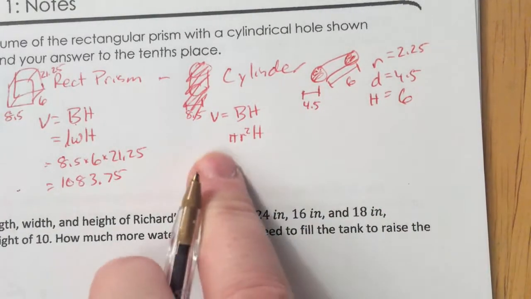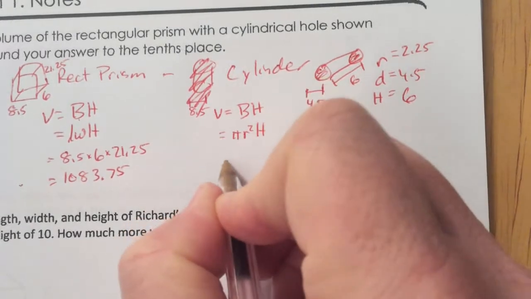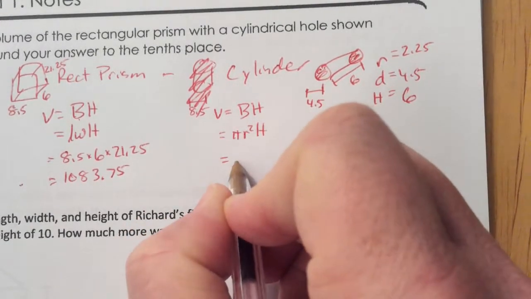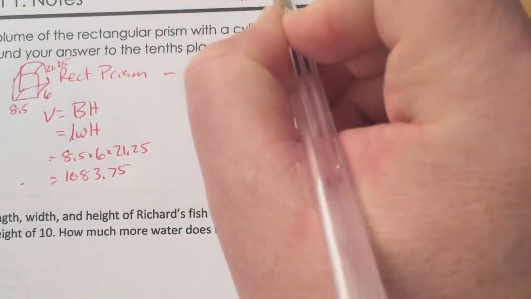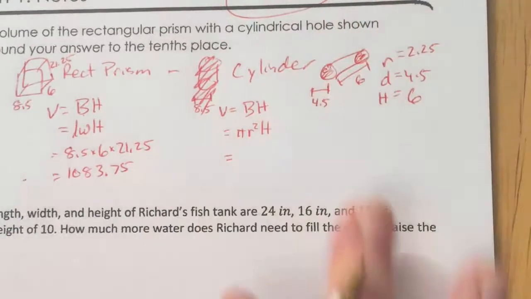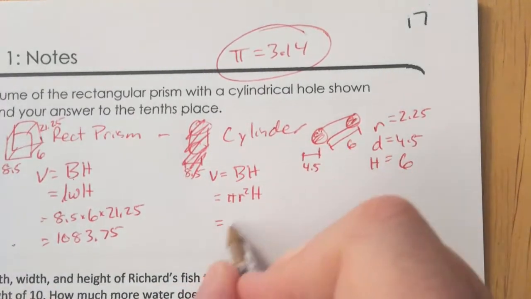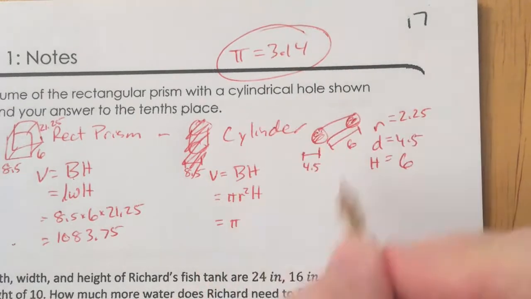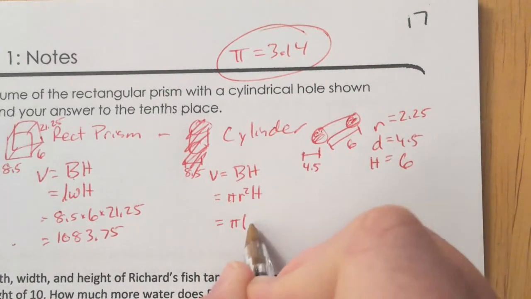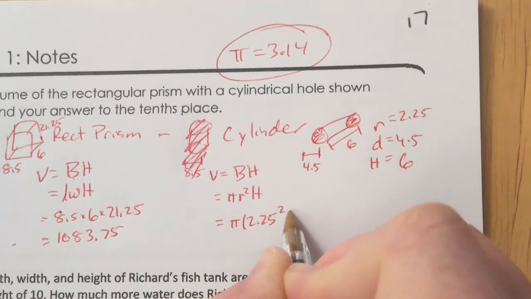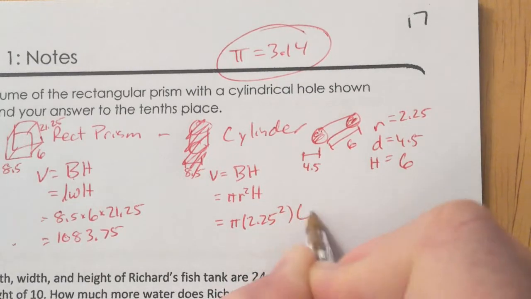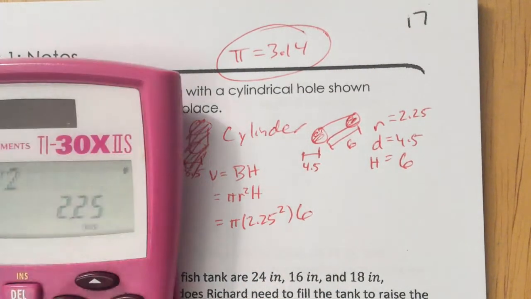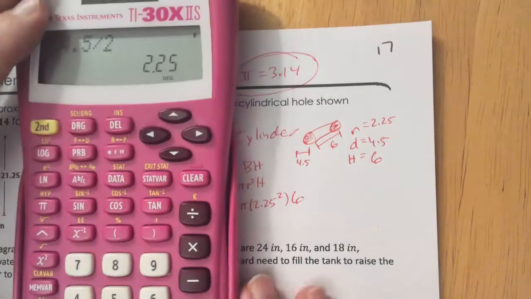So we're going to take these numbers and plug them in. So remember, pi, we're always going to use 3.14. So that would be 3.14 times 2.25 squared times your height, which is 6. All right, let's put that in the calculator. I'll zoom out so you can see what I'm pushing.